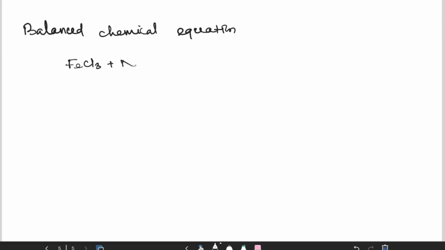Now let me write the balanced chemical equation. Let me write the skeletal equation: FeCl3 plus NaOH gives rise to Fe(OH)3 plus NaCl.